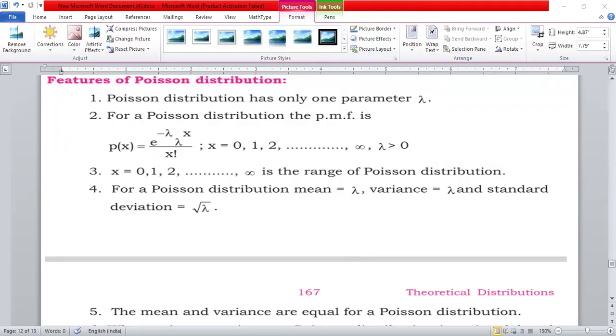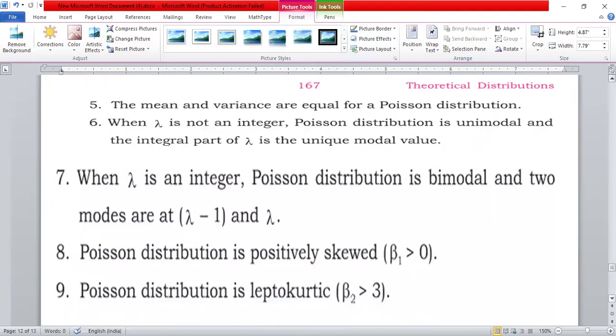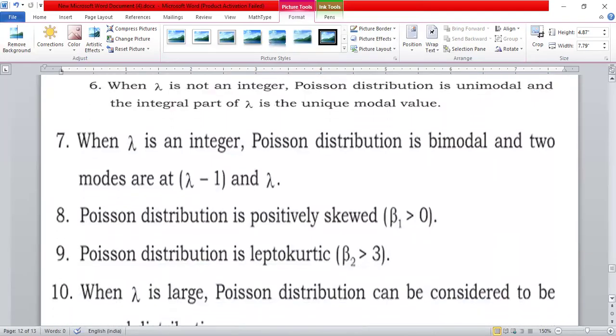The next property, after the fifth one. We have 10 properties, even the sixth one also. When lambda is not an integer, the Poisson distribution is unimodal, and the integer part of lambda is the unique mode, that is only one.